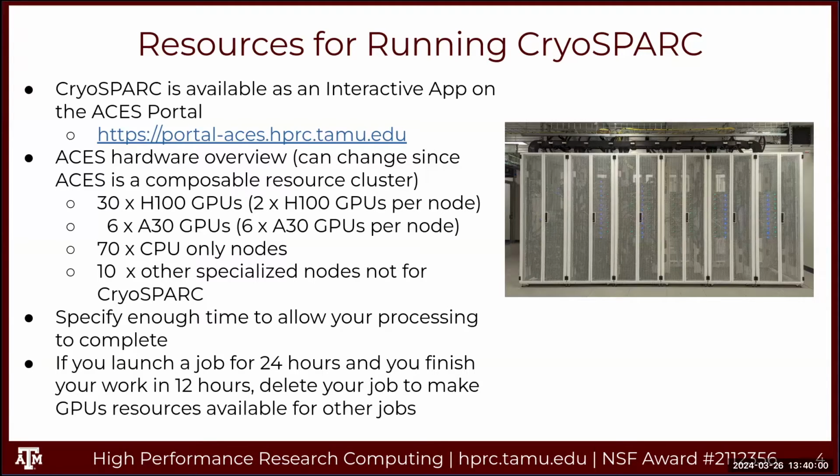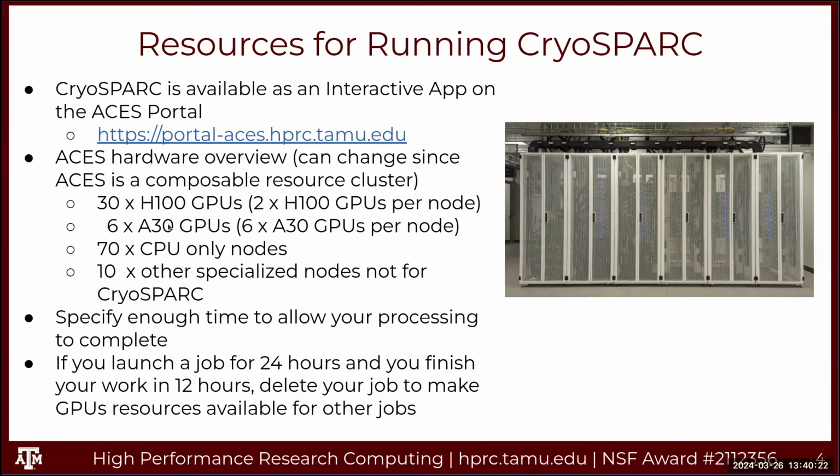So at any time in these slides, when I show a configuration, if you go to the system, you might see a different configuration. But at one point we had 30 H100 nodes, and each of these nodes had two H100 GPUs attached.